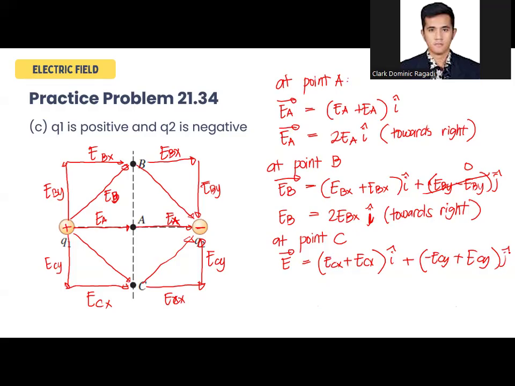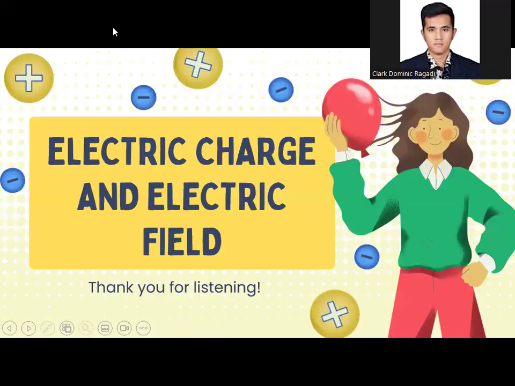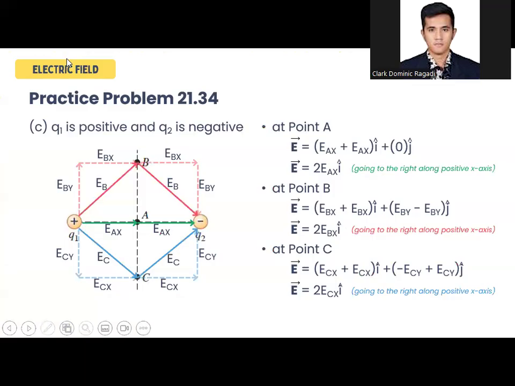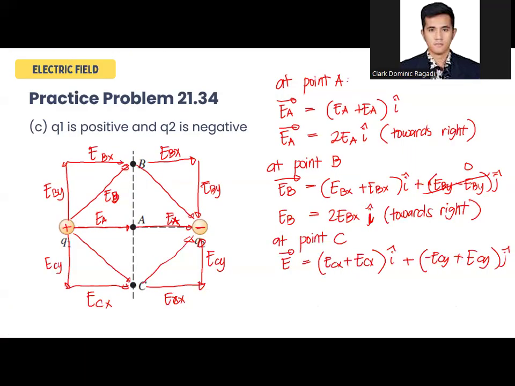So now we can get the answer. The vector EC is equivalent to, since this becomes 0, 2ECX I hat. Since it is positive I hat, that is towards the right. Okay, so that's our answer.